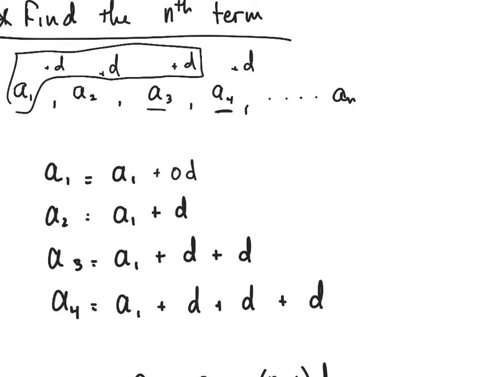Each one of these starts with a sub 1, and then we're adding a certain number of d's. And what's the pattern with the number of d's that we're supposed to add? Here we're adding 0 d's, here we're adding 1, here we're adding 2, and here we're adding 3. What's the connection here?